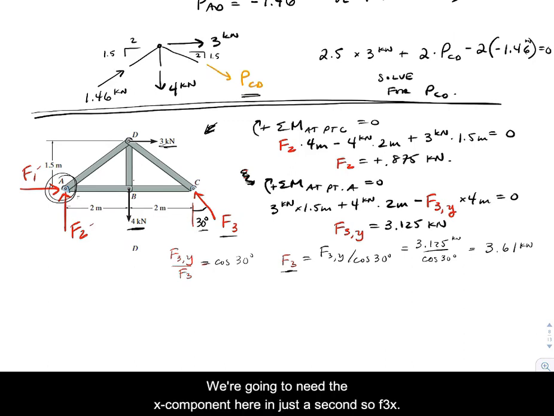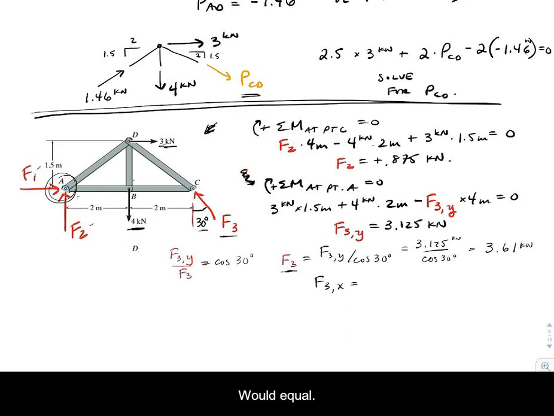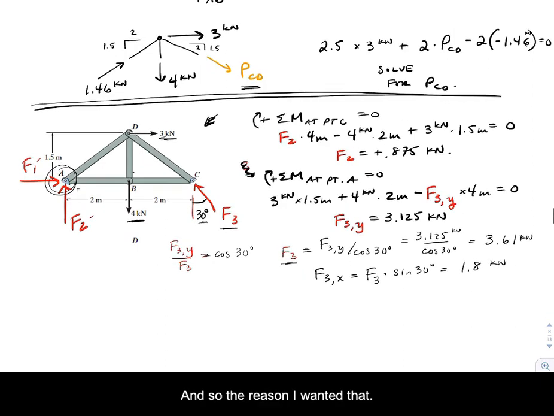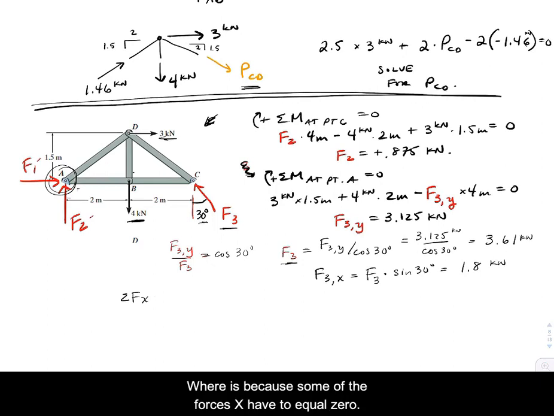We're going to need the x component here in just a second, so F3x would equal F3 times sine 30 degrees. That would be 1.8 kilonewtons. And so the reason I wanted that was because the sum of forces in x has to equal 0.